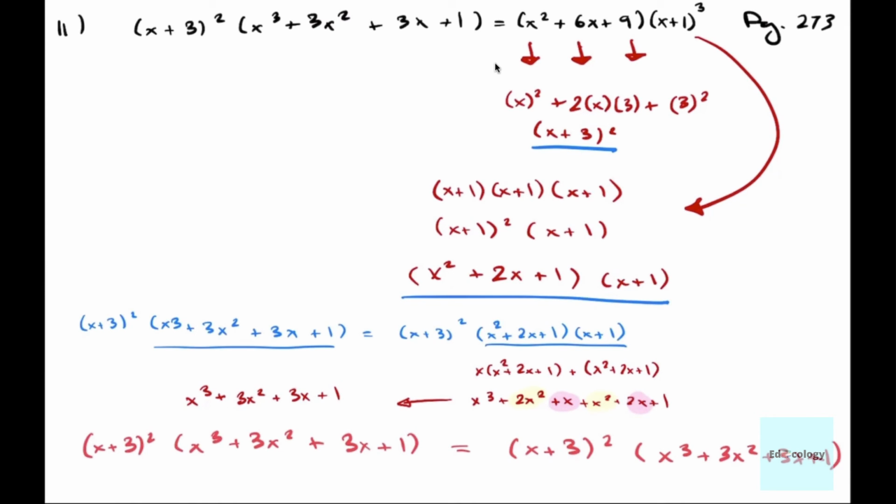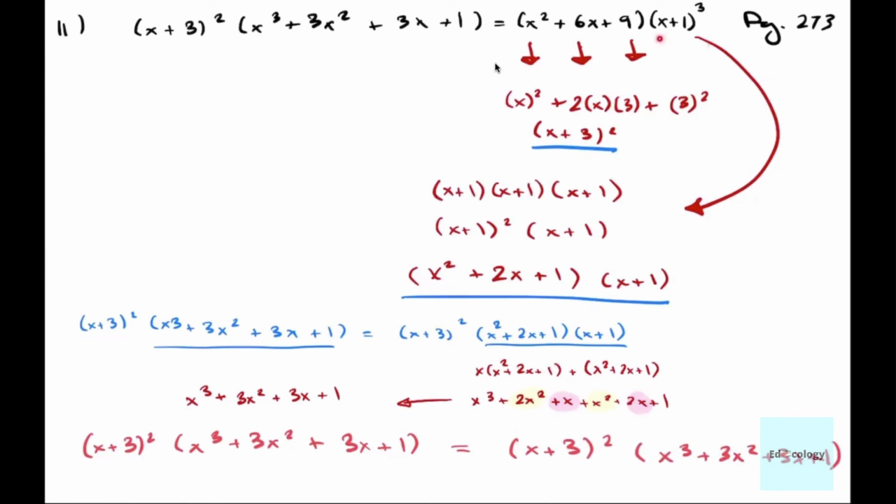Now, I have realized that how I did this might have confused you. I should have written it in a more organized way, but simply what I've done is I simplified this into (a plus b) squared. Why? Because here we have a special product, (x plus 3) squared, and we have to duplicate that on this side, which I found out is (x plus 3) squared. Then for (x plus 1) cubed, I have to expand it into x cubed plus 3x squared plus 3x plus 1.